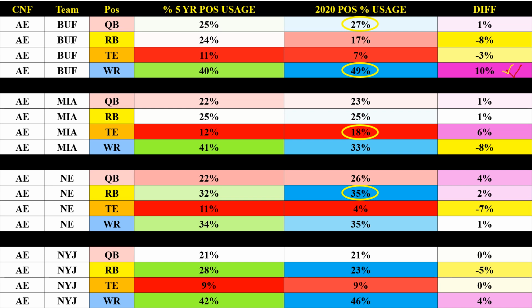So expect those matchups to favor Buffalo's passing. The other teams are going to have to counter that with other approaches, their defenses. We're only looking at one side of the ledger here, but that's how I like to do it. Let's go to Miami.